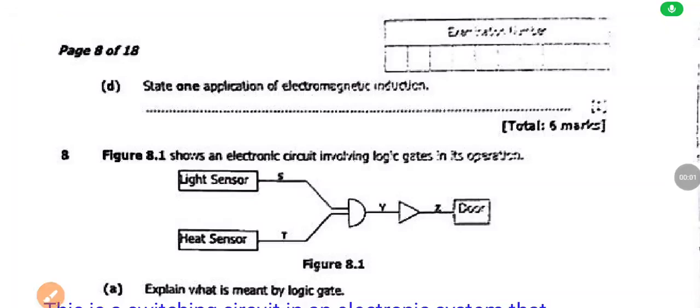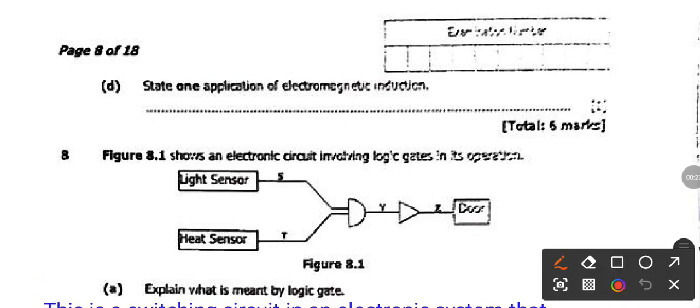Question 8. Figure 8.1 shows an electronic circuit involving logic gates in its operation. A. Explain what is meant by logic gate. Well, by definition, a logic gate is a switching circuit in an electronic system that uses binary inputs to produce binary outputs.